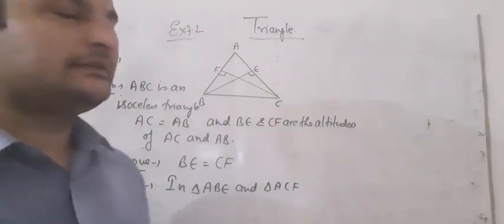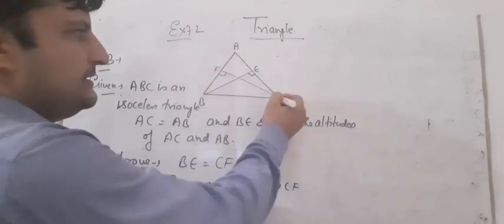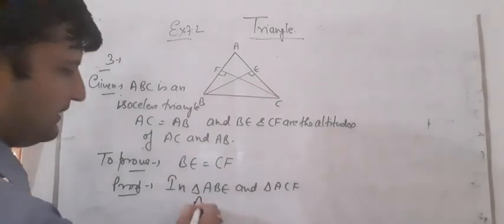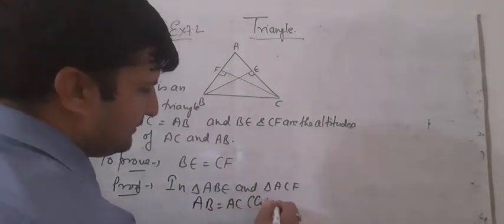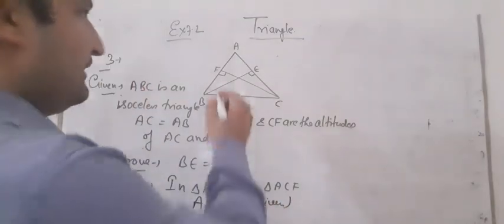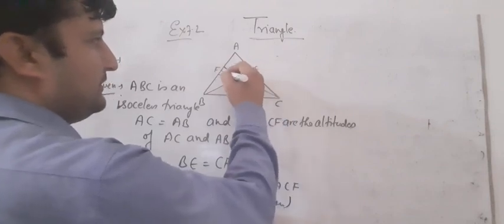It is given that this is an isosceles triangle. Isosceles triangle means, student, this side, AB is equal to AC. It is already given, because this is an isosceles triangle. Students, we are taking these two triangles. If it is 90 degree, it means it is also 90 degree.